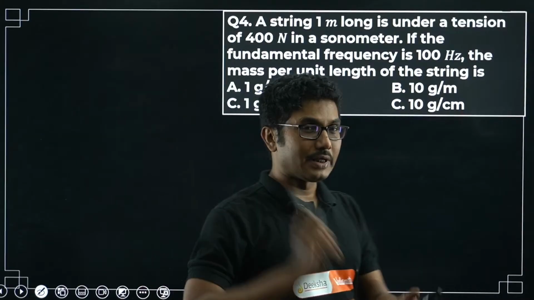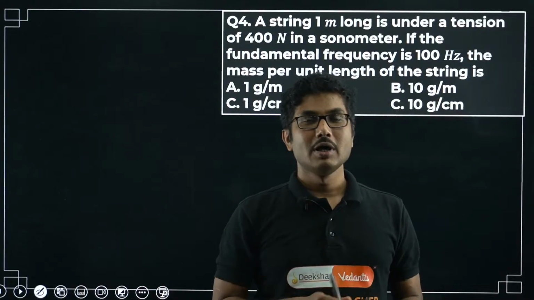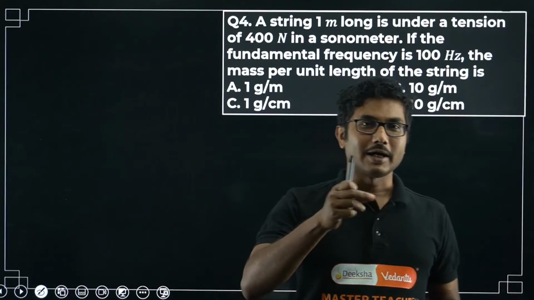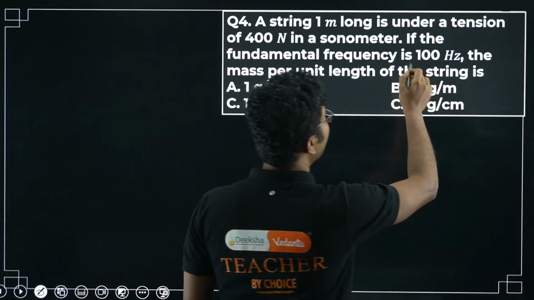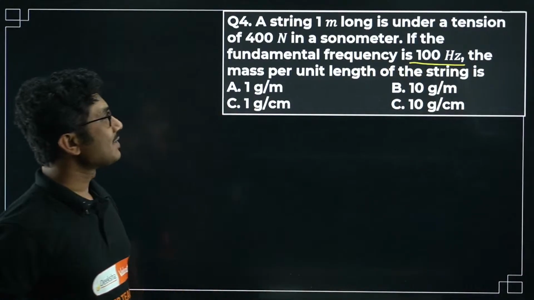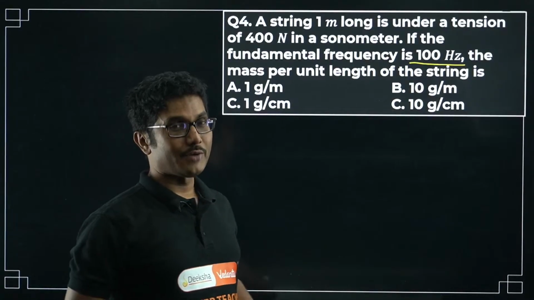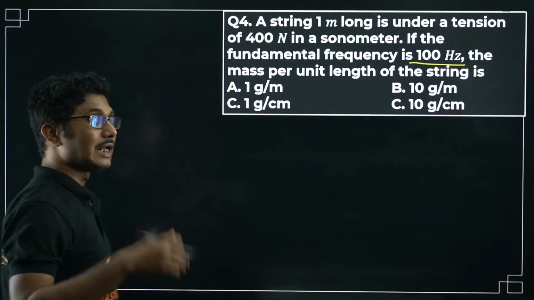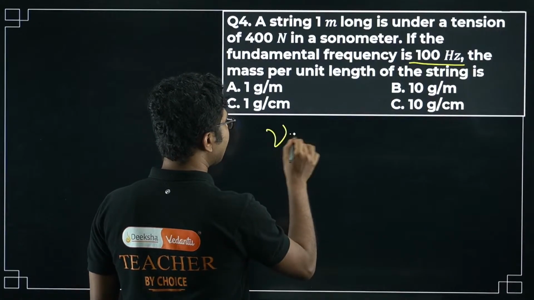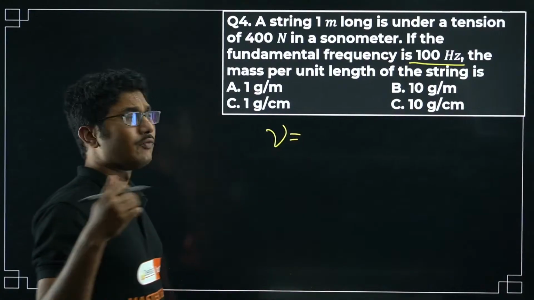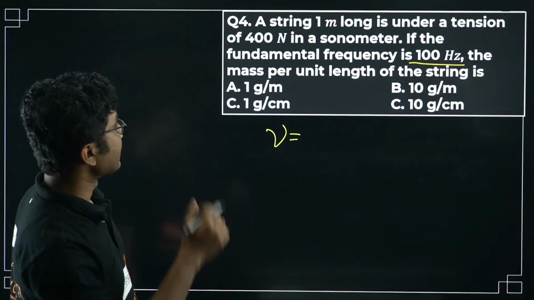So you have hit the sonometer, you put it on the sonometer table, and you saw that the string is vibrating at 100 hertz. So 100 hertz is the fundamental frequency. The mass per unit length of the string is, so you have to find the mass per unit length of the string. How to do that? So what is the formula for frequency?